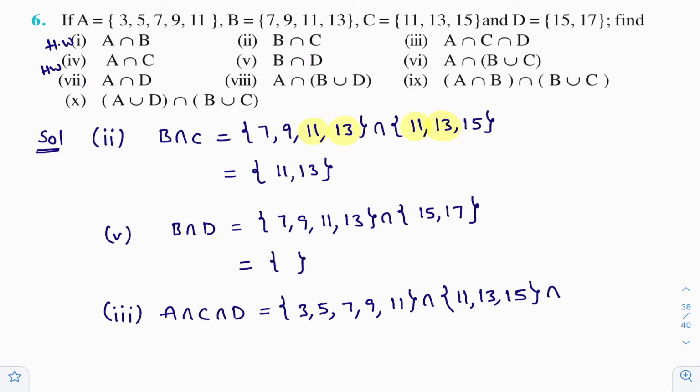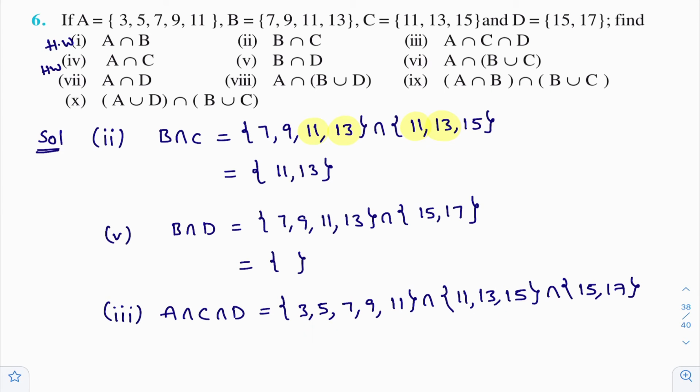Intersection set D. What is set D? 15, 17. Now you identify the elements which are common in all 3 sets. For example, 15 you take. 15 you look here, 11 is there. 11 is present in these 2 sets only, but 11 is not in this set. Is there any element which is common in all 3 sets? You please identify. We can easily identify that there is no element which is common in all 3 sets.